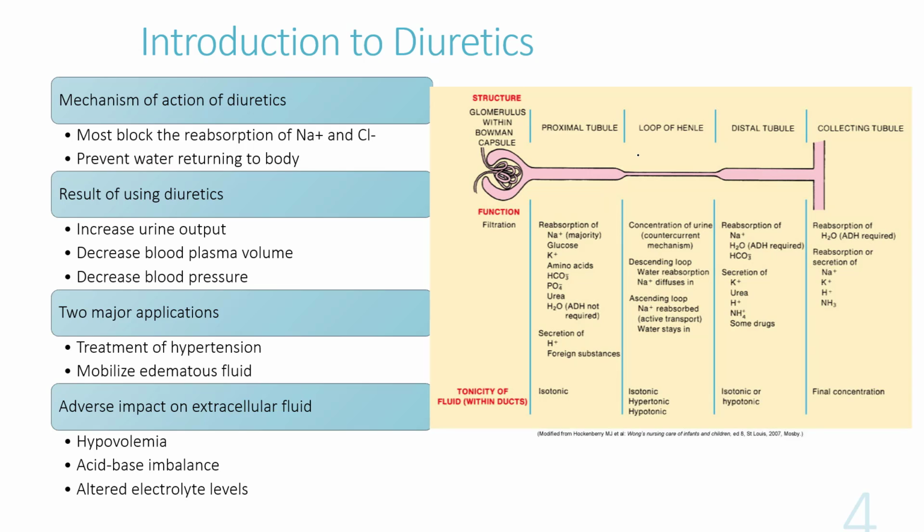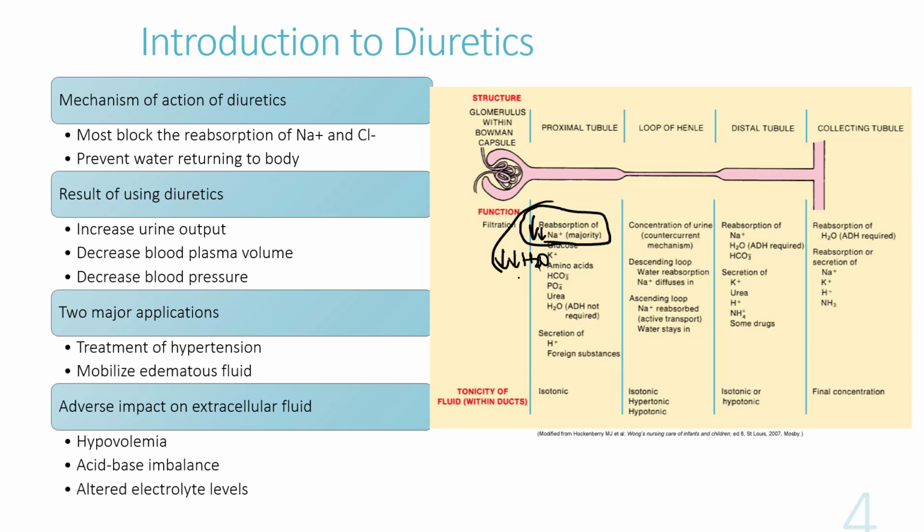The mechanism of action of diuretics is to prevent reabsorption of sodium. You can see here that sodium is the main ion involved in reabsorption. When reabsorption of sodium is blocked, then reabsorption of water is also blocked.